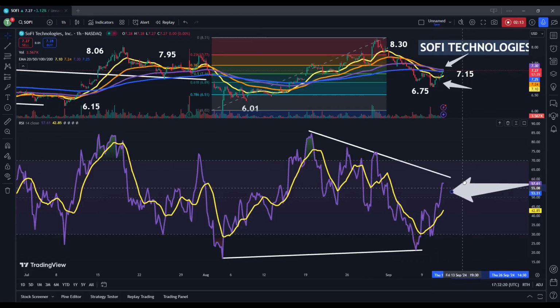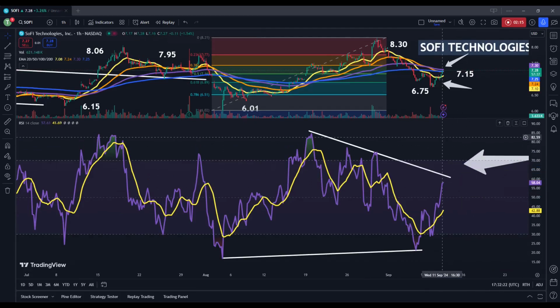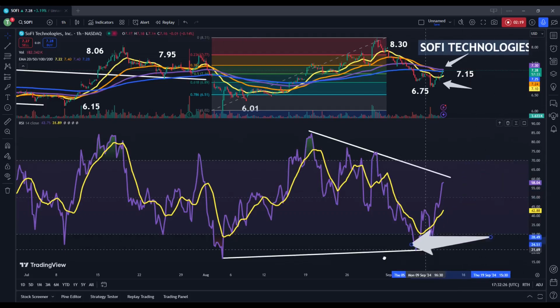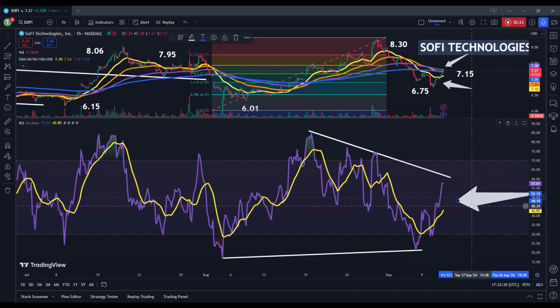If we are able to see a break above this area, that would be the suggestion that we would need to see in order to believe that the longer-term bullish trend momentum has now retaken control of the stock. So we are at a bit of an inflection point here because, as I said, we're coming right into contact with that 100-hour exponential moving average.